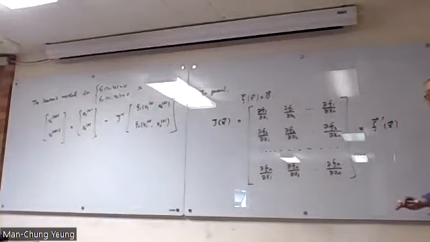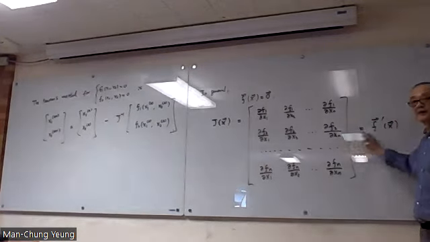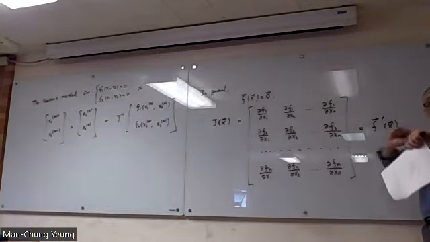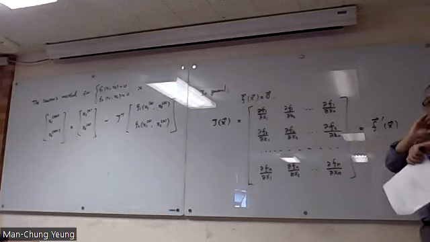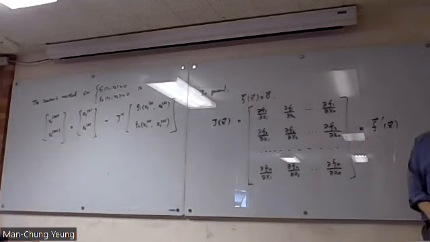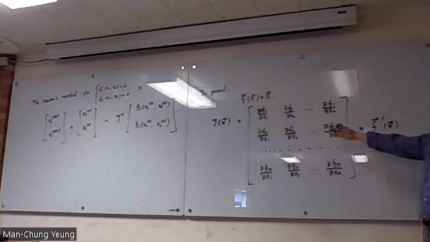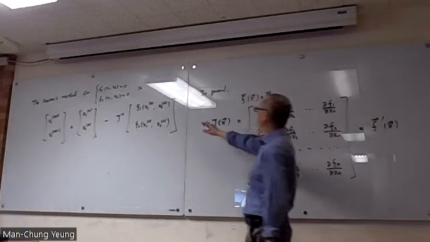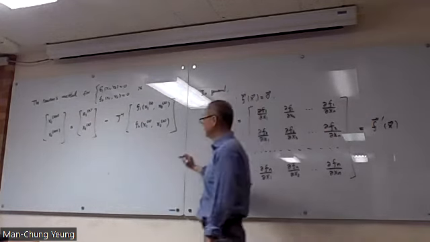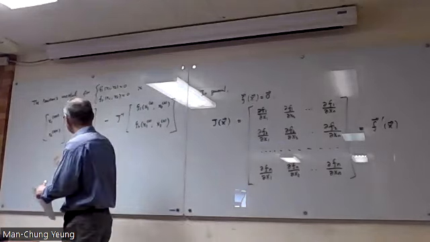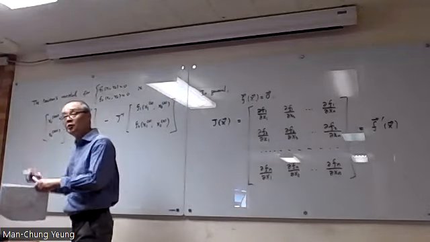The second notation is that we call this matrix the derivative of a vector valued function with respect to a vector. With this notation, Newton's method for a general case is this. This was for the n equals 2 case.